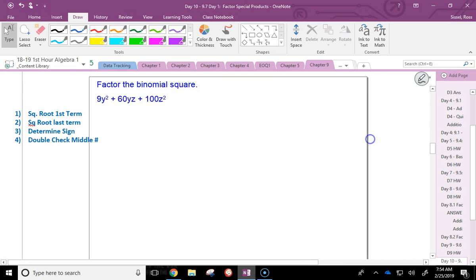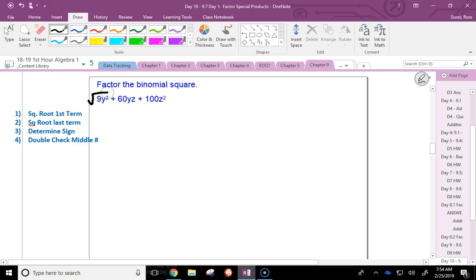Okay, I added to mine before yours just a couple rules here, because this one's going to end up coming up. Factor the binomial square. We have 4 steps that we're going to do. The first step is we are going to square root the first term.